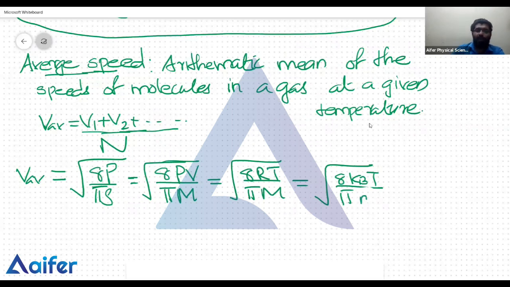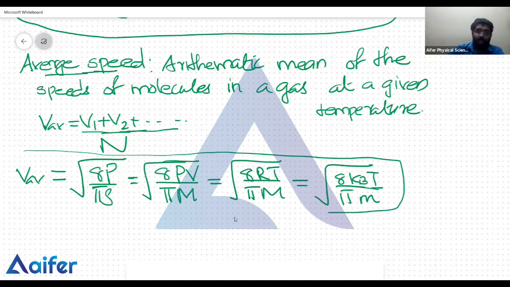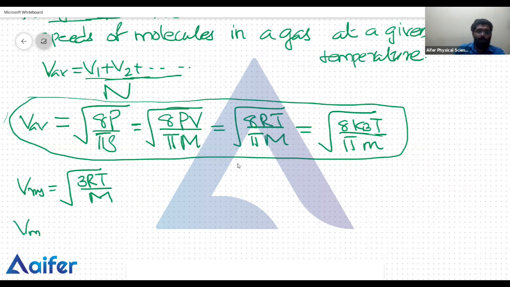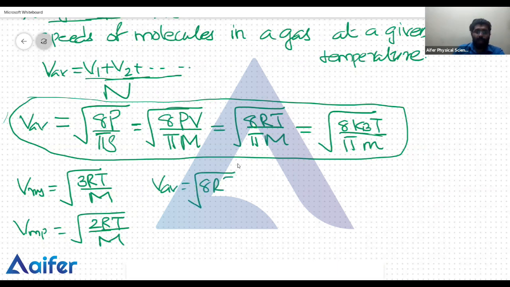So this is the expression for average speed. Now compare these three speeds. VRMS equals root of 3RT by M, V most probable is root of 2RT by M, and V average equals root of 8RT by pi M. Pi is around 3.14, so 8 by pi is around 2.5. Anyway, it is greater than 2.